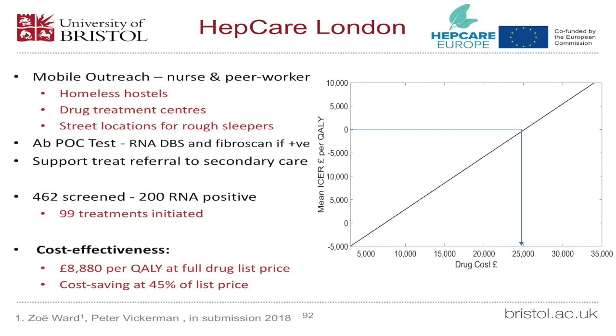It uses an antibody point of care test using a saliva sample to diagnose people as antibody positive, and then uses RNA, dry blood spot testing, and FibroScan if it's positive. The peer workers and the nurses then support treatment referral to secondary care if they're found to be diagnosed. So in this intervention, they've screened 462 people and diagnosed 200 RNA positive individuals and initiated 99 onto treatment so far. So quite a good cascade of care.